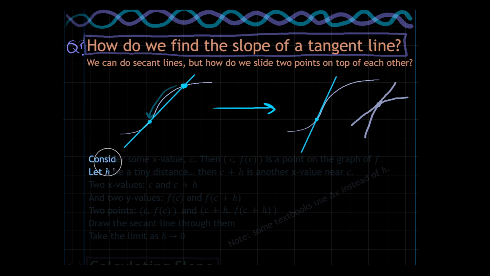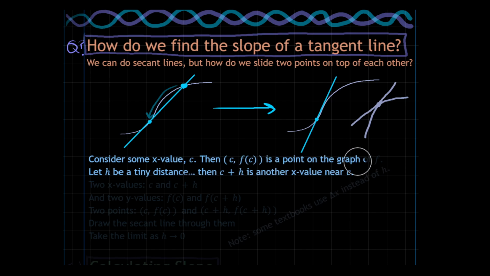Okay, so let's put some symbols to that. Consider some x value, c. Then if we evaluate the function at c, we get a y value. So c, f of c is a point on the graph of f. h is a tiny distance, so c plus h is another x value.